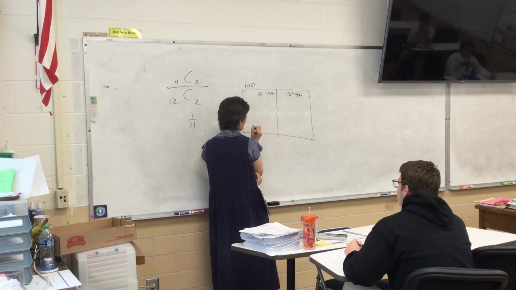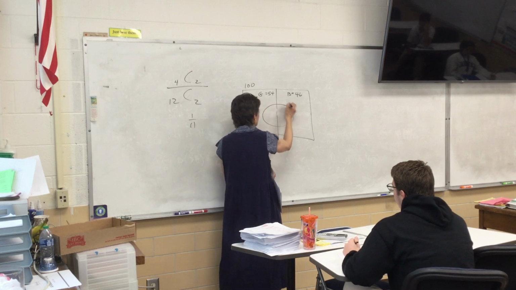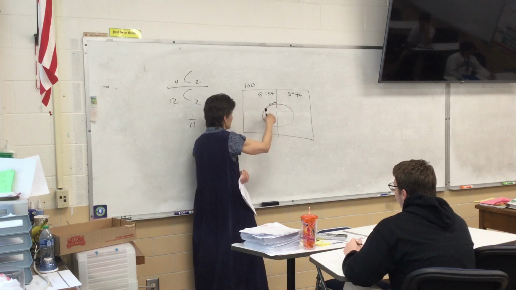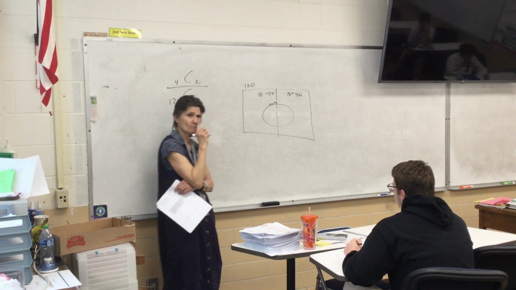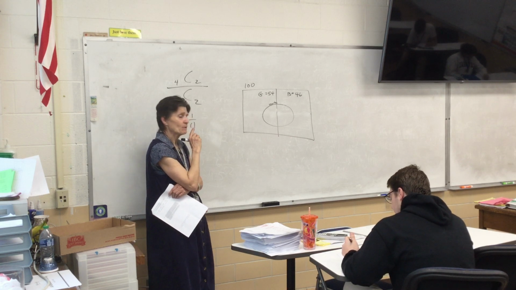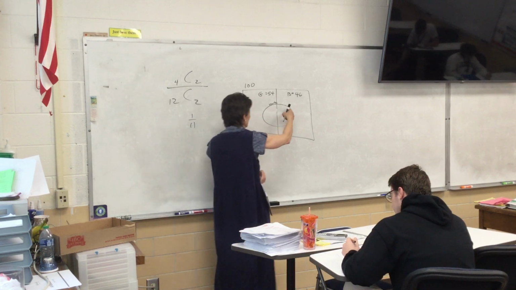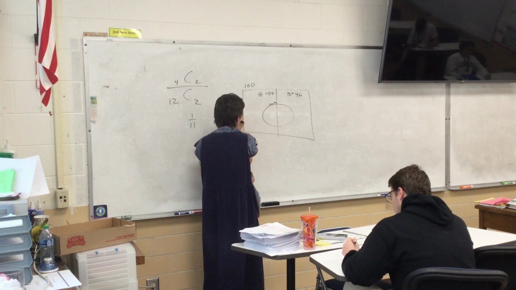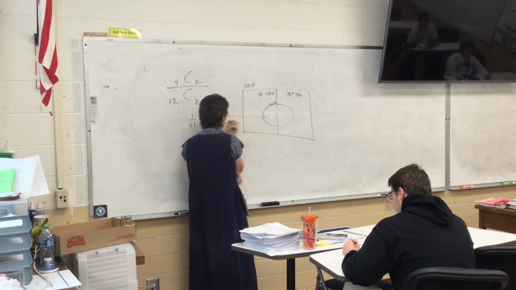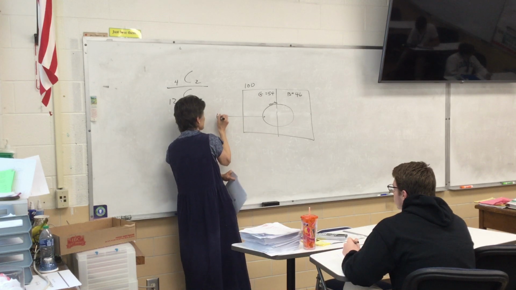Could we draw a circle like this and say these are the sports kids? Because some of the girls are sports and some of the boys are sports. Okay, and we know that the total in the circle is 62 kids.